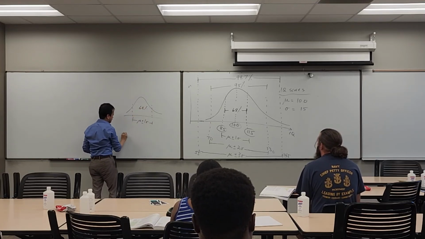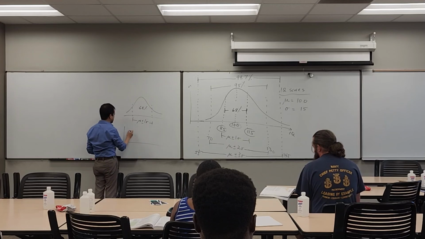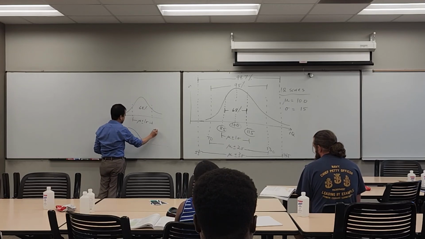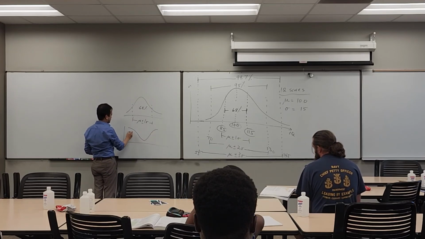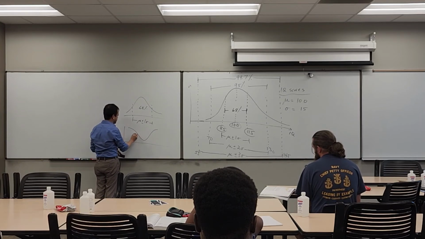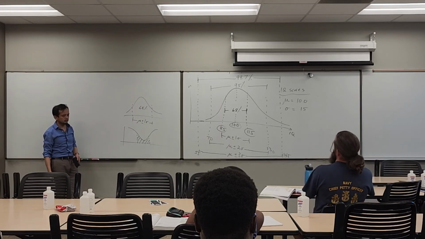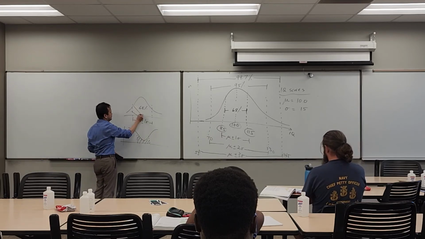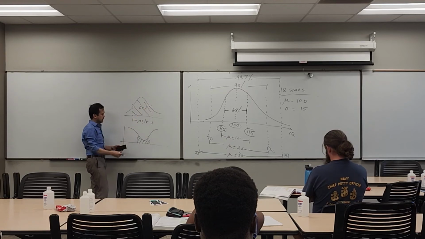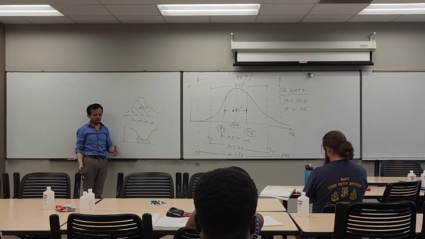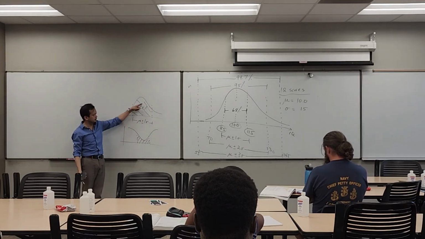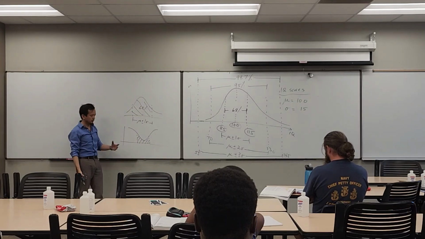But what if you had any other shaped distribution? What if you had a distribution with this shape, and you were looking at values within 1 standard deviation? Let's say 1 standard deviation is here. Do you think these values would constitute 68% of the population if it looked like a different shape? No. Here, this is 68%. But if it's a different shape, then you're no longer guaranteed the same percentage anymore.